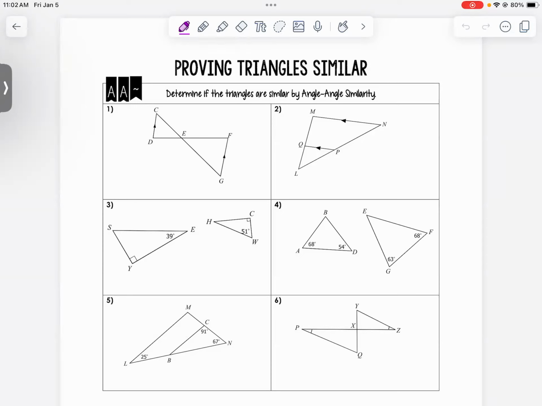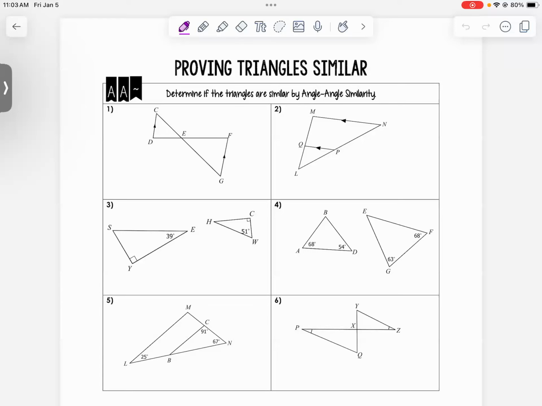I think two is reminding one, because you can use the transversal theory for both angle Q and angle P, and angle M. 1, 3, 4, and 6 are yes.